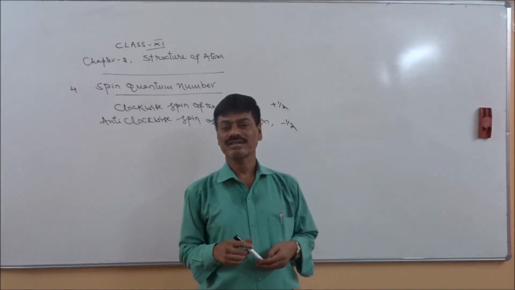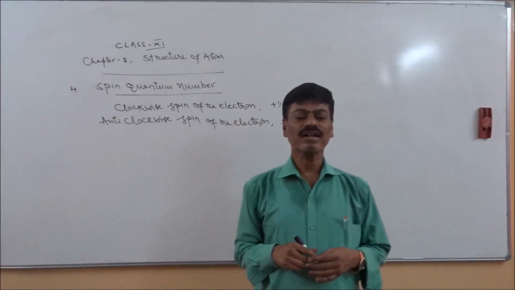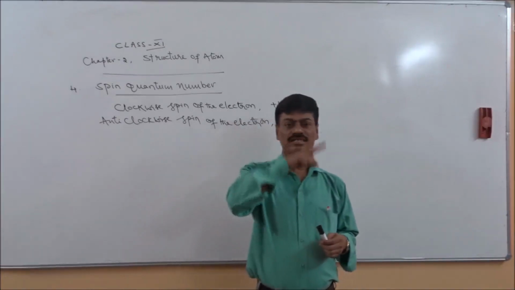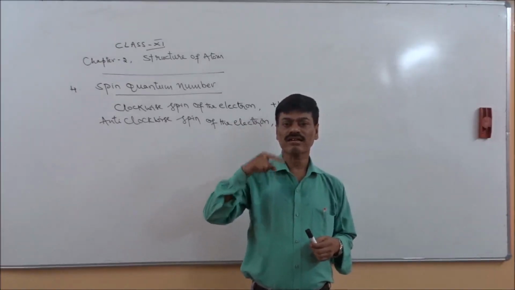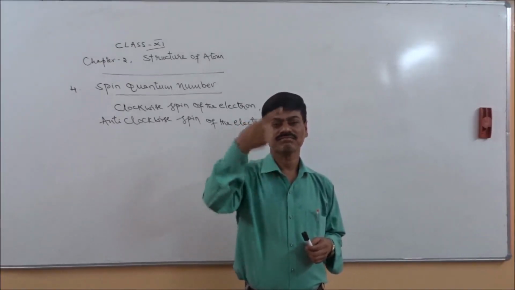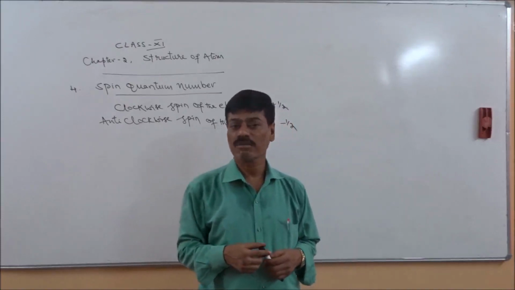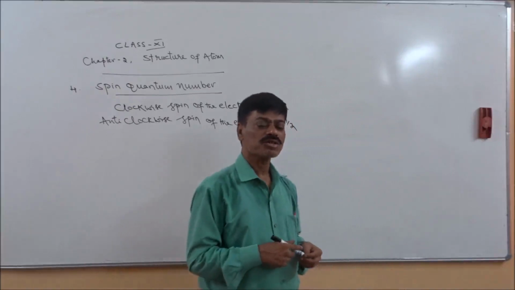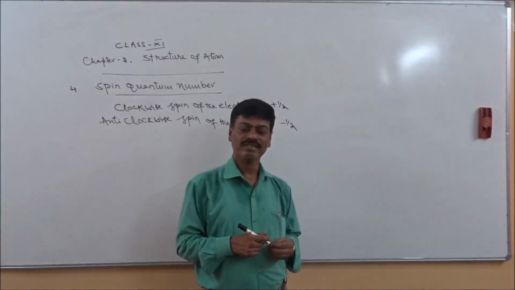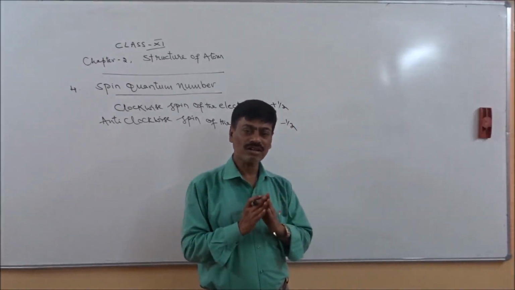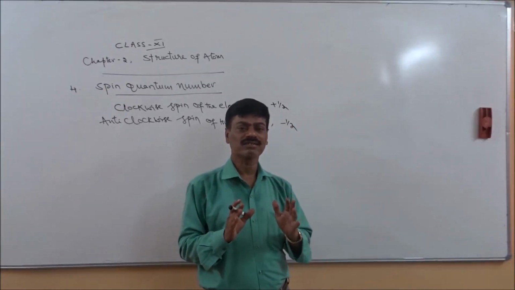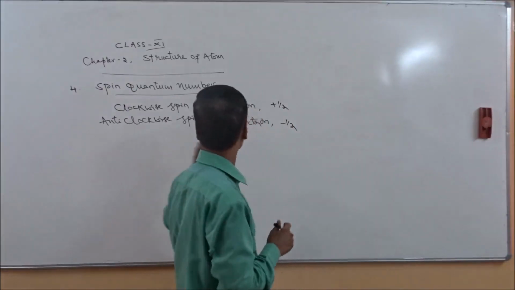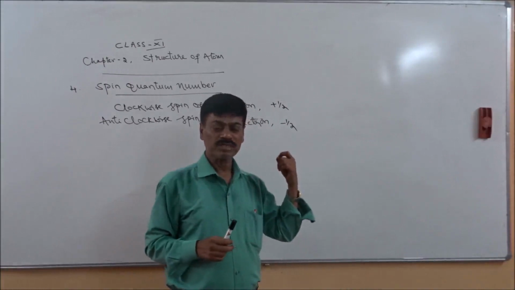Here they don't hit each other because if one electron is spinning in this direction, the other electron will be spinning in this direction. Since it is 3-dimensional, that is orbital, there is no question of bombarding each other. So electrons will not collide with each other. That is the point. So that's about spin quantum number.